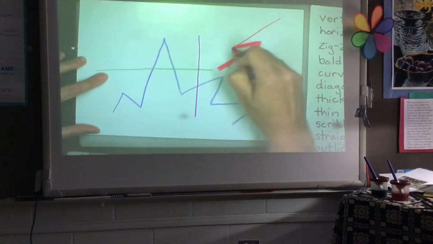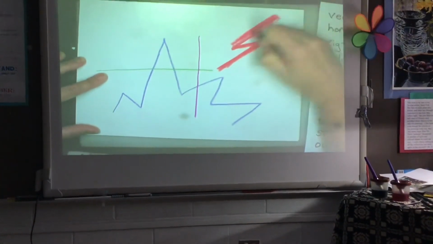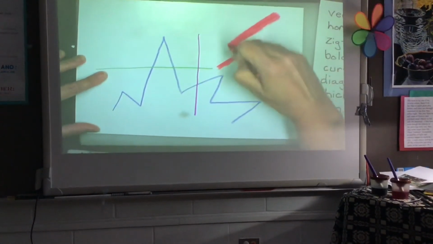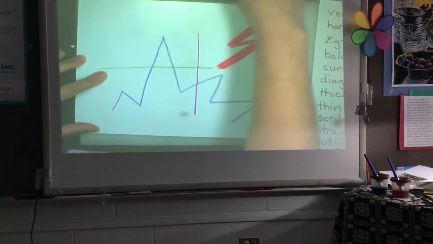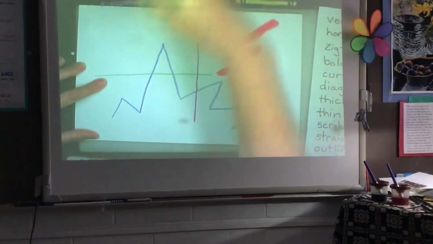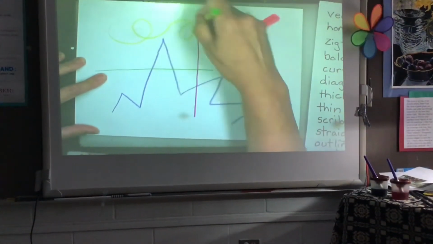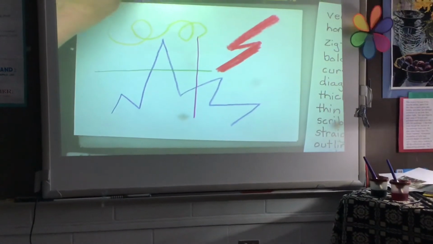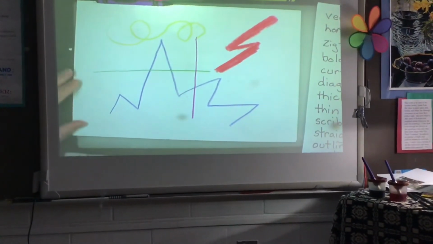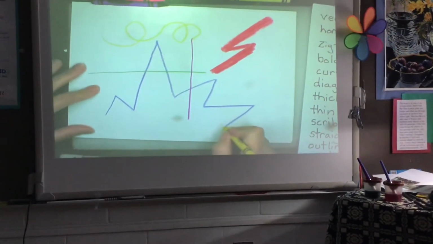So I'm going to make this really bold. All right, and then I can do some curvy. Maybe I want to start thinking about connecting some of these lines. Let's see, a scribbly line.